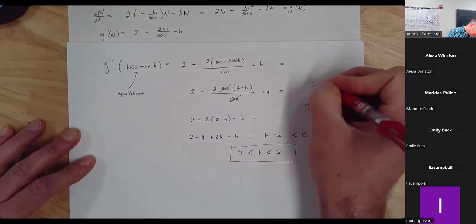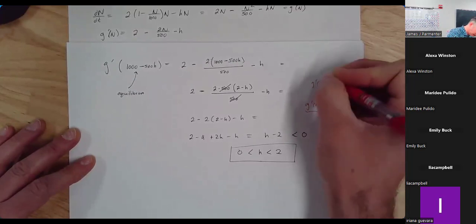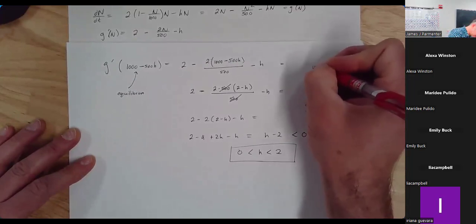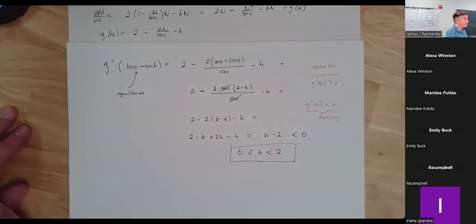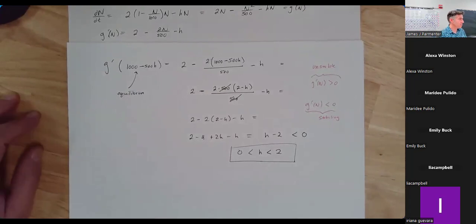Whereas if your g prime of your equilibrium is bigger than 0, that's giving you instability or unstableness. That's how I knew to set it less than 0. Other questions?